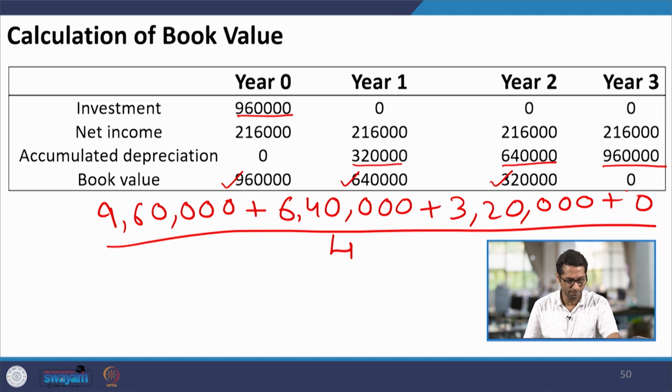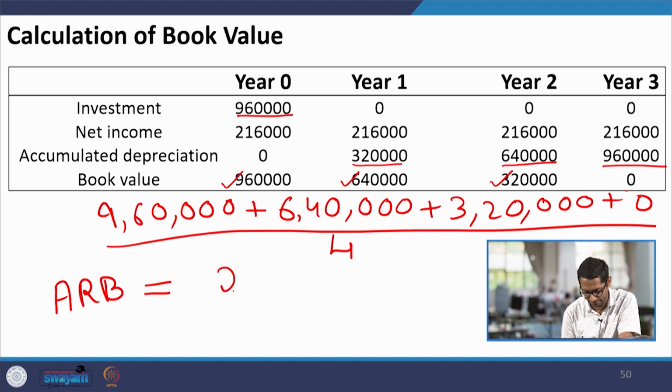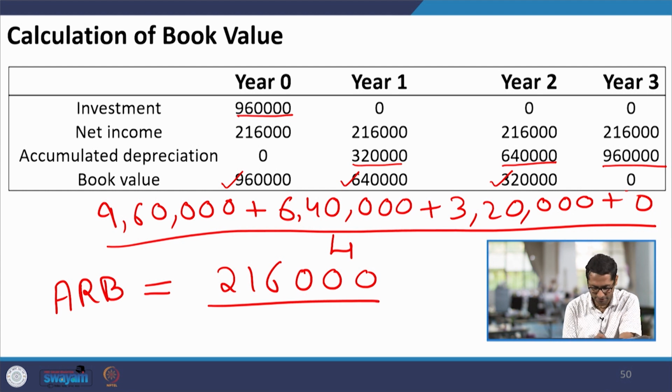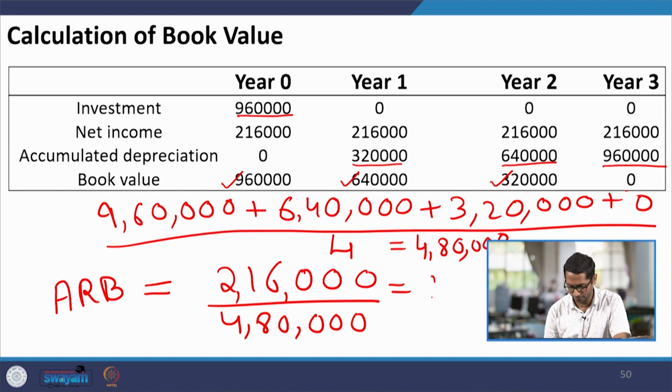So this is basically the average book value that I have, and for the average return on book value I would just take the average revenue, which is 2,16,000, and the average book value in this particular case would be around 4,80,000. So I divide this by 4,80,000, and the value would come around to be around 0.45.